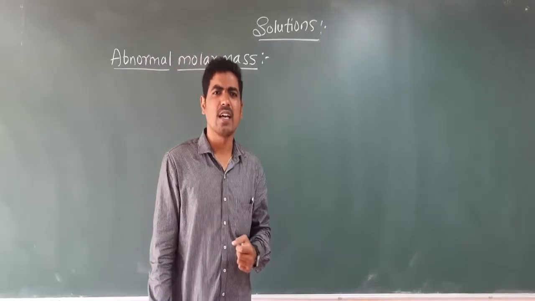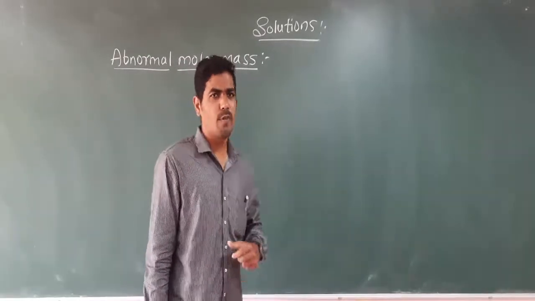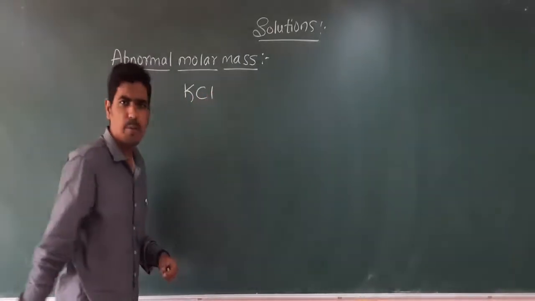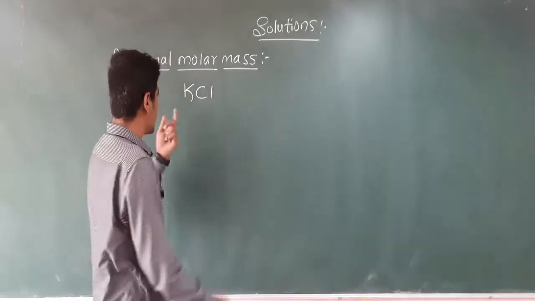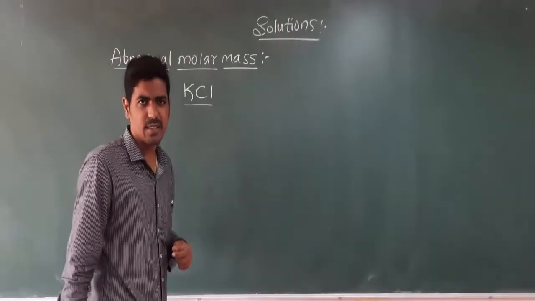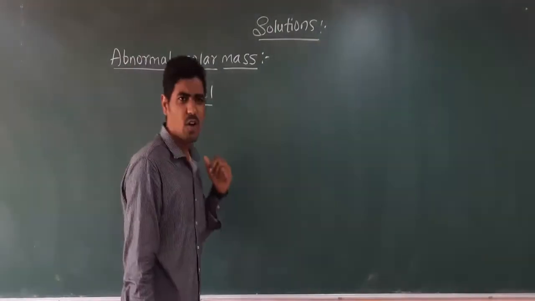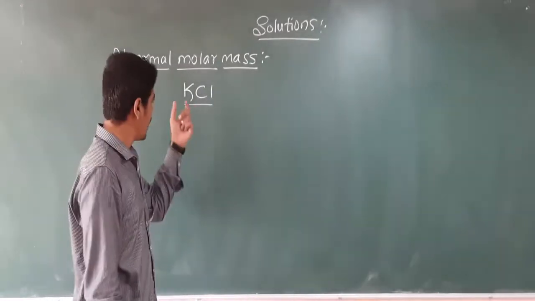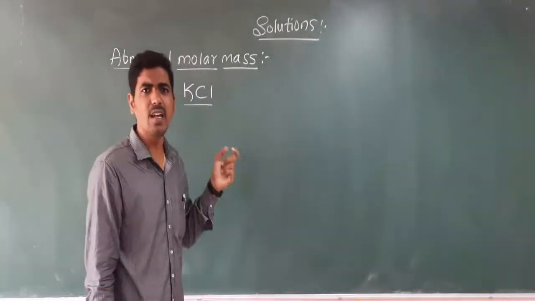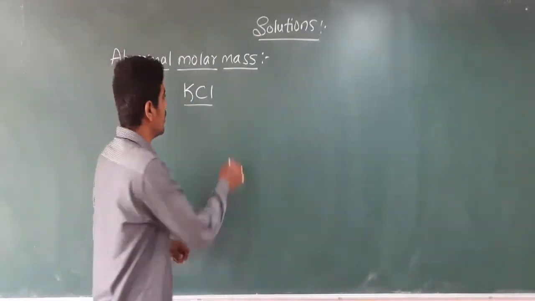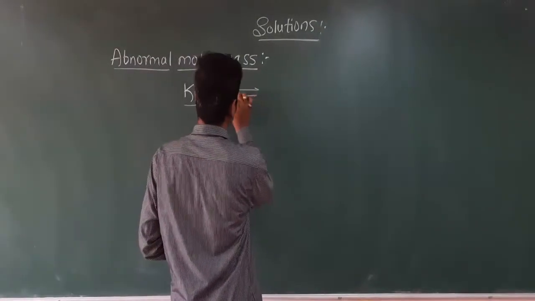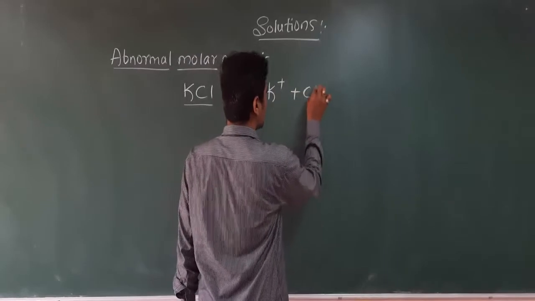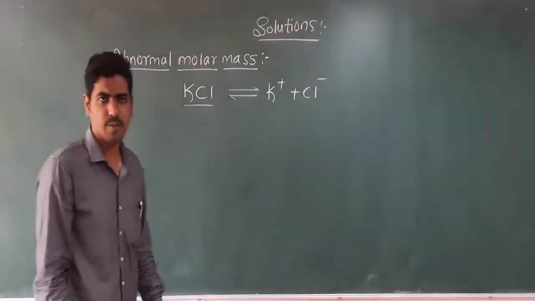If I consider an ionic compound, for example KCl, potassium chloride, in the solid state we write it as KCl. Now, if I dissolve this KCl in water, it will undergo dissociation and form K+ and Cl- ions.